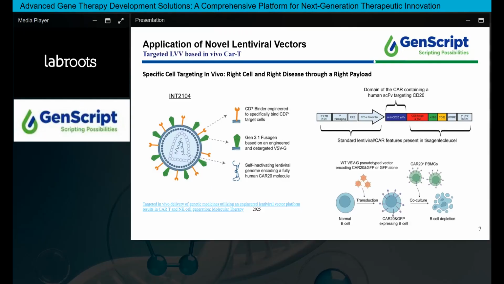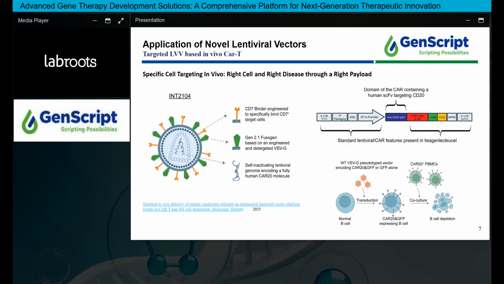It uses a target binder for CD7, a marker on T cells and NK cells. It couples with a modified VSVG, a targeted LDL receptor fusion that retains the fusion function. And finally, it includes a lentiviral transfer gene, a CD20 CAR designed for B cell malignancies.